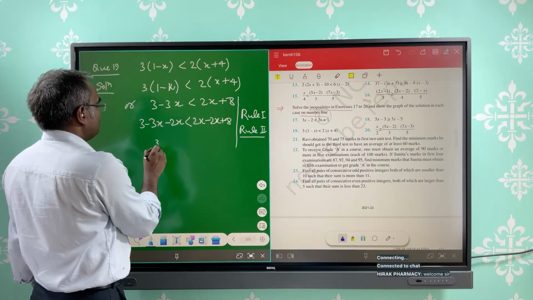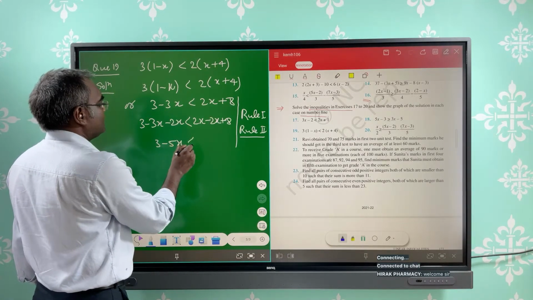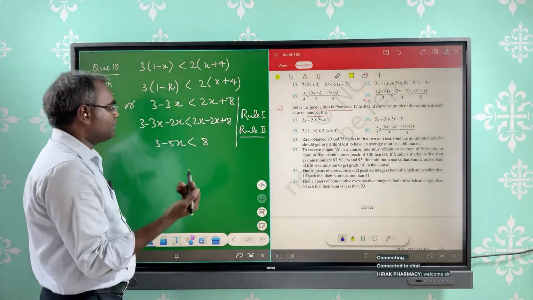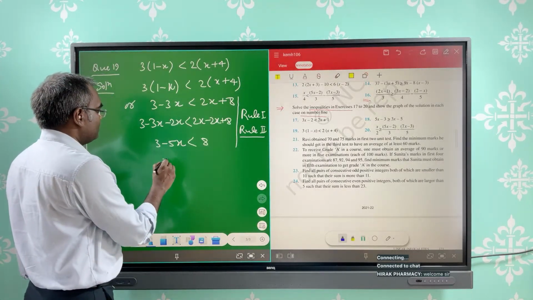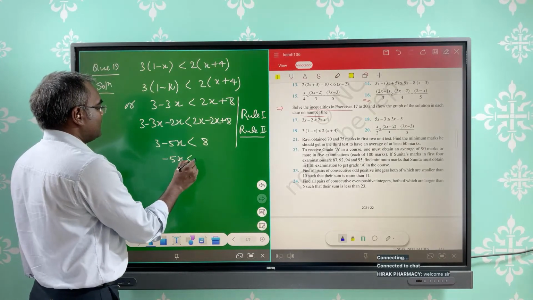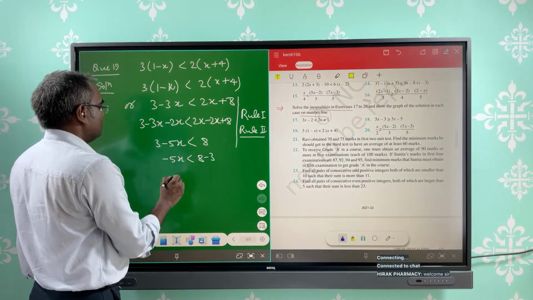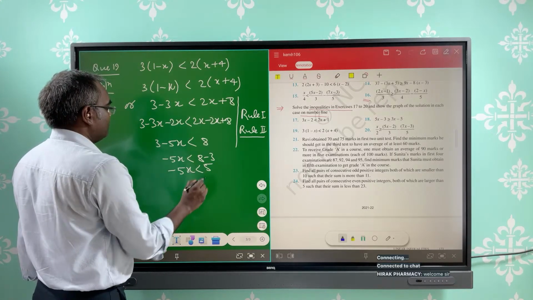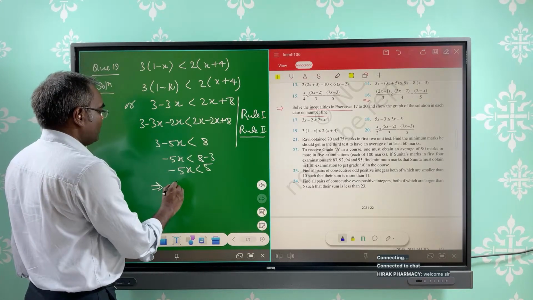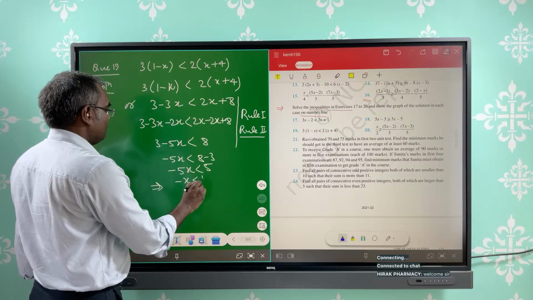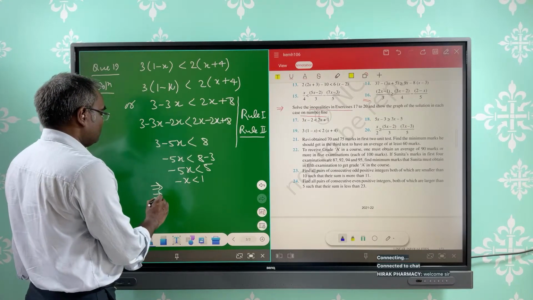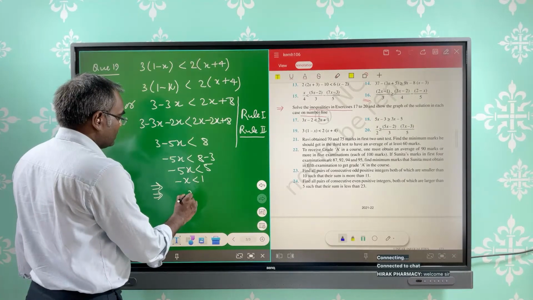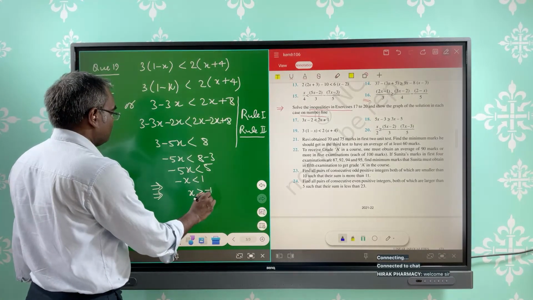So this gives 3 minus 5x less than 8. Now subtracting 3 from both sides, that means minus 5x less than 8 minus 3. So this gives minus 5x less than 5, and so minus x is less than 1. Now multiplying by minus 1 on both sides, this will give x greater than minus 1.